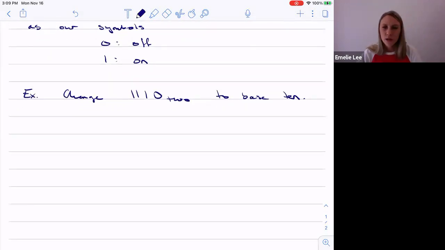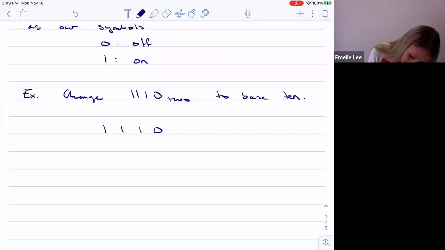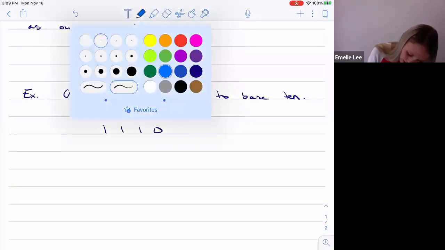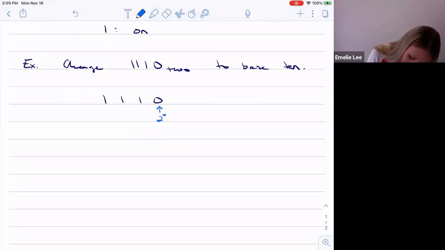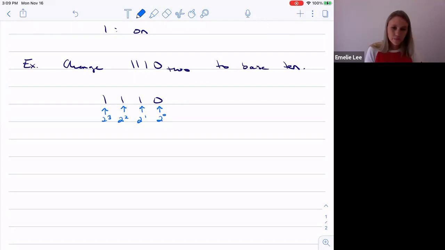So this was a while ago, right? If we're working in base 2, I write these out a little bit lofty: 1, 1, 1, 0. And I'll use a different color here. The 0 is times 2 to the power of 0, then 2 to the power of 1, 2 to the power of 2, and 2 to the power of 3.